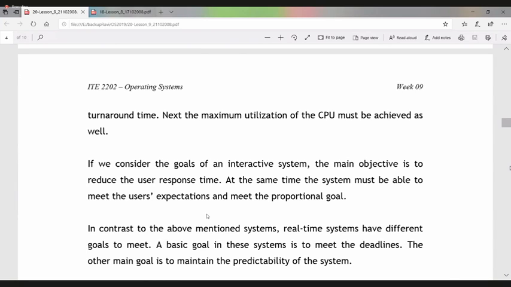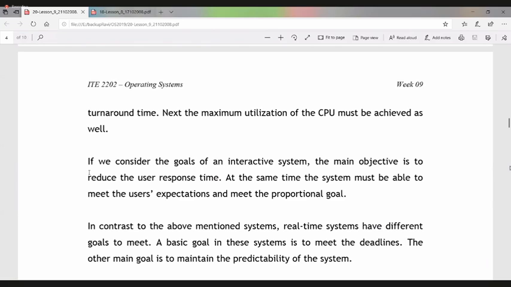But if we consider an interactive system, the goals are different, right? So the main objective is to reduce the user response time. When the user is waiting for something, you should give that quickly. Like using an ATM machine, you can't ask the user to wait for 5 minutes for a reply.